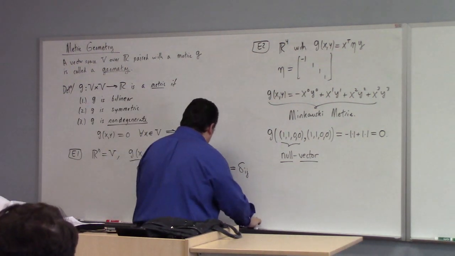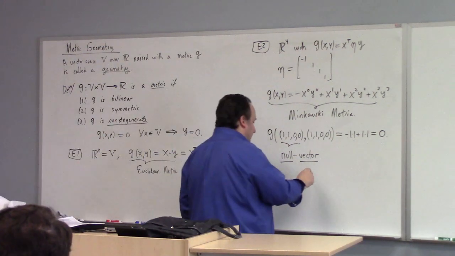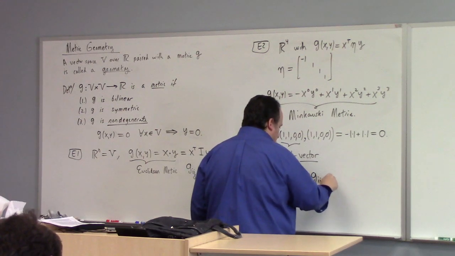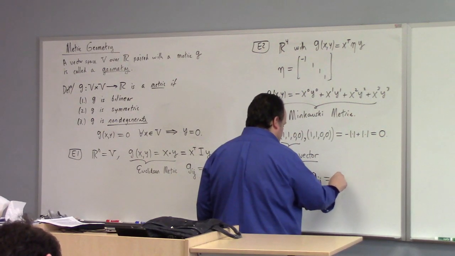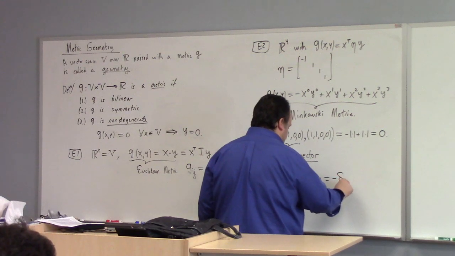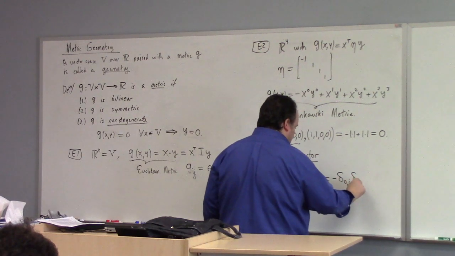Anyway, in this case, Gij is, you could say, case-wise defined. It's minus Kronecker delta 0i, Kronecker delta 0j.